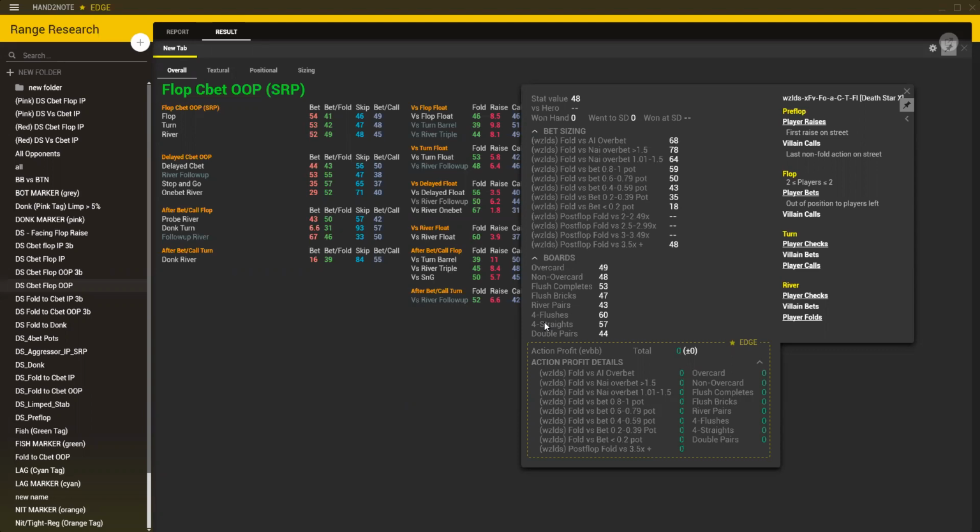So just keep in mind, we want to add a few percent for card removal effects, because what we're seeing now is the folding frequency against every possible holding that can fire the river. And what actually happens in practice is when the aggressor has a value hand, the opponent's folding slightly more often due to card removal effects.